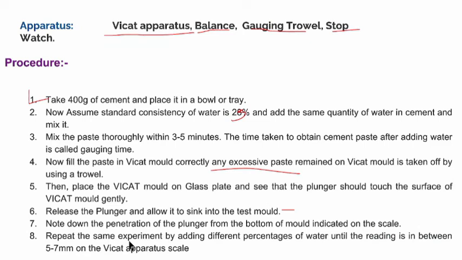Repeat the same experiment by adding different percentages of water, so that it should be about 5 to 7 mm from the bottom of the mold, or it should sink about 33 to 35 mm from the top.